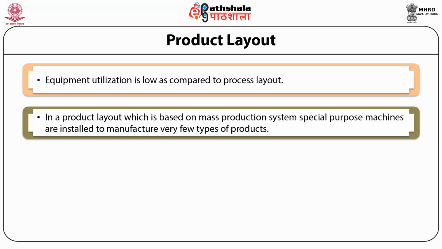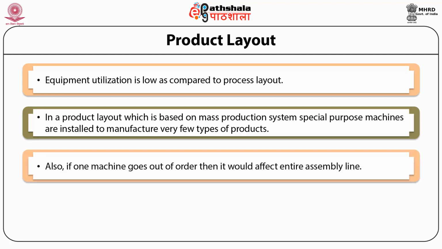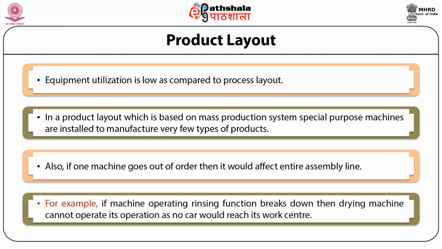Equipment utilization is low as compared to process layout. In a product layout, which is based on a mass production system, special purpose machines are installed to manufacture very few types of products. So if demand for such products falls, these resources cannot be utilized to produce other products.